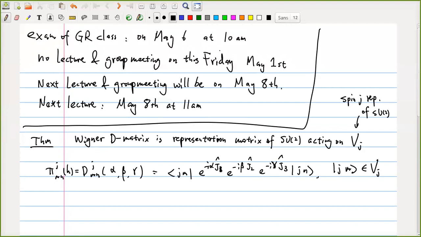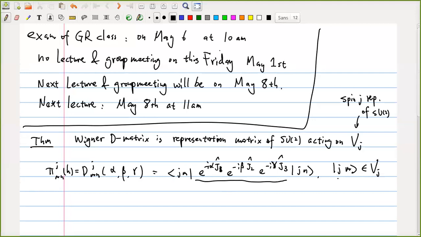You can see that this is just the group element h of SU(2) acting on the space V_j. This is what we usually call the representation matrix, the representation of the group element h acting on the representation space.